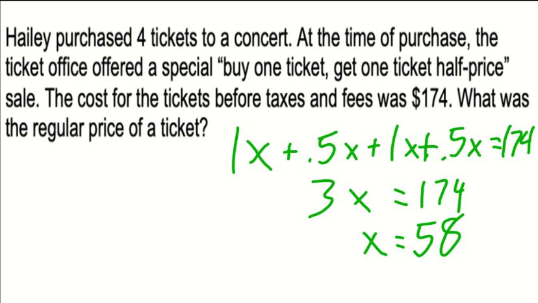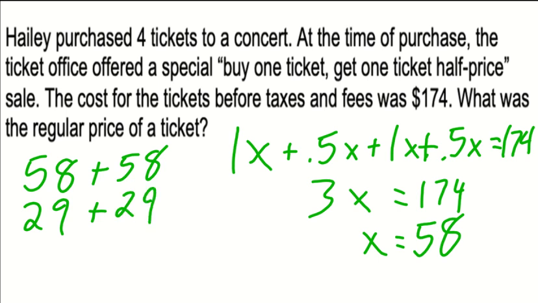And if we went back and looked at it, 58 plus 58, that's 2 full price tickets. Half of that would be 29 and 29. If I added all that up, that's going to give me that 174. Okay? All right, you ready for the tougher one then?